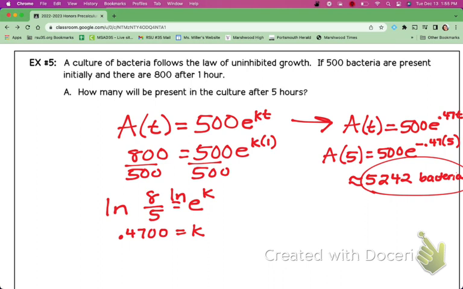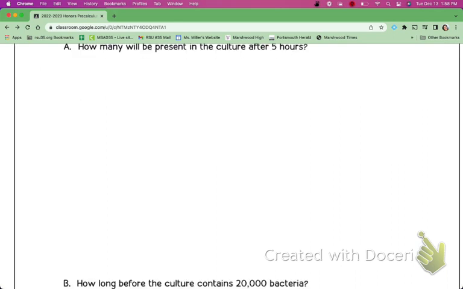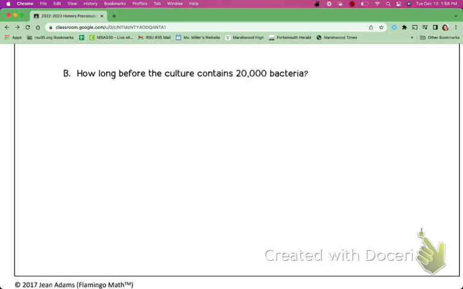Okay, so for part B, how long will it take before the culture contains 20,000? So now we're going to use this and plug 20,000 on the left-hand side and solve it out. So we get 20,000 is equal to 500 e to the k t. Oh, nope, we know k is 0.47 t.